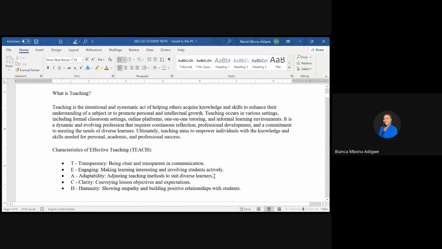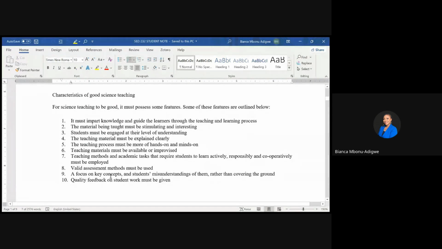Now, adaptability means adjusting your teaching methods to suit everybody in that particular class. So while you might say it is true, engaging them at their level of understanding, I think it is more about being clear in communication.